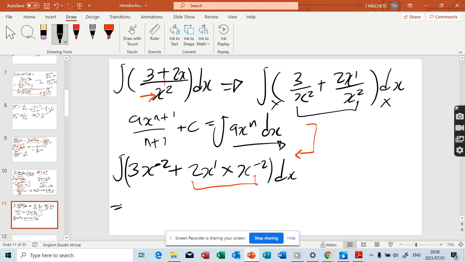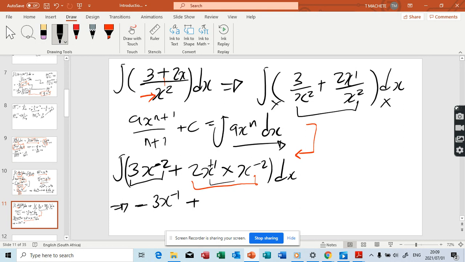You said for the first one, what did you get? 3x to the power negative 1. Okay, I wrote that negative there. And then plus. Okay, so here it's plus 1.